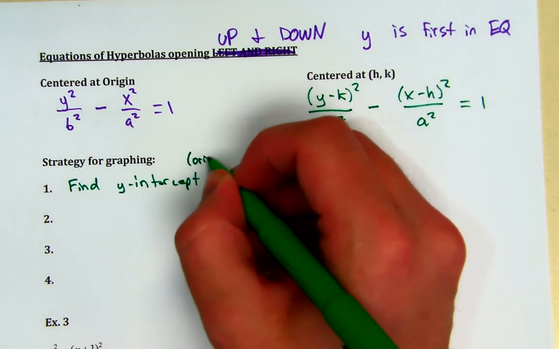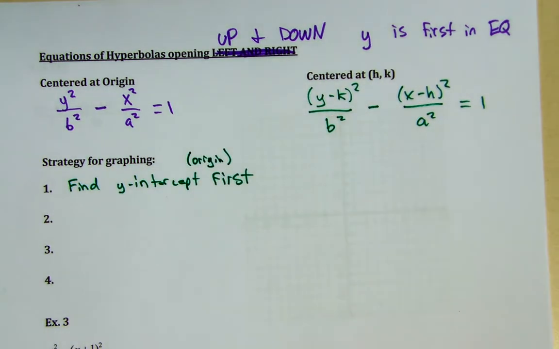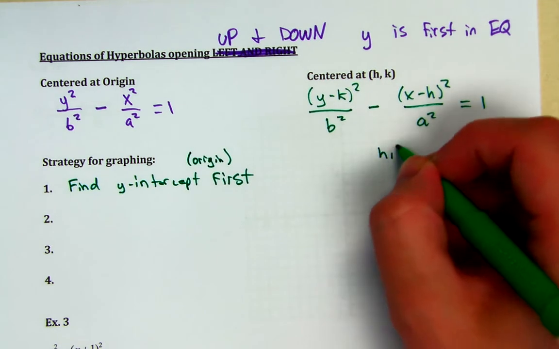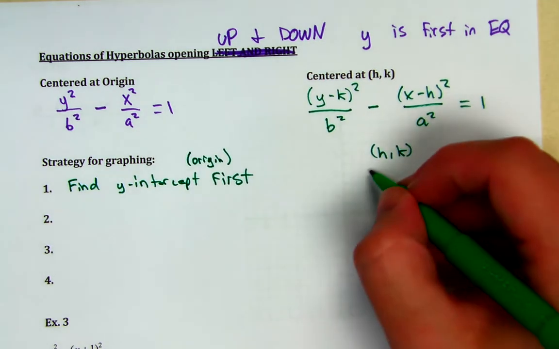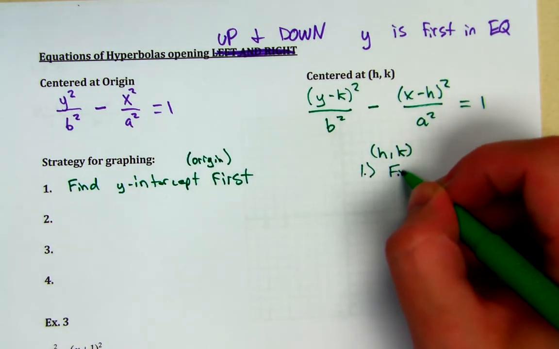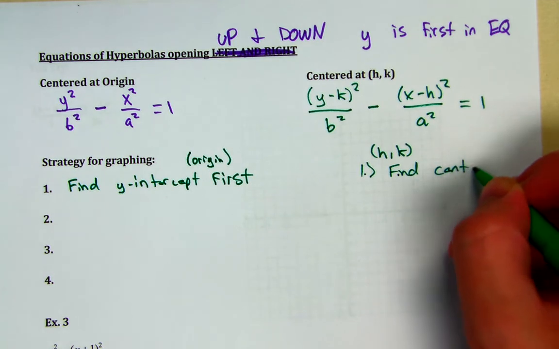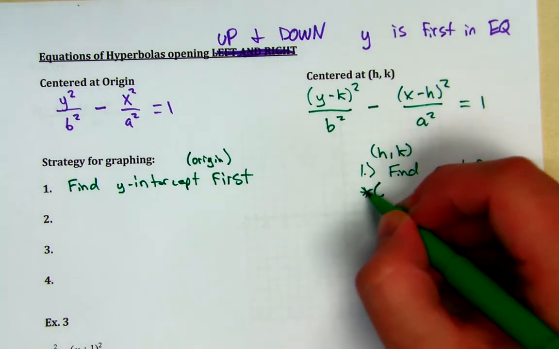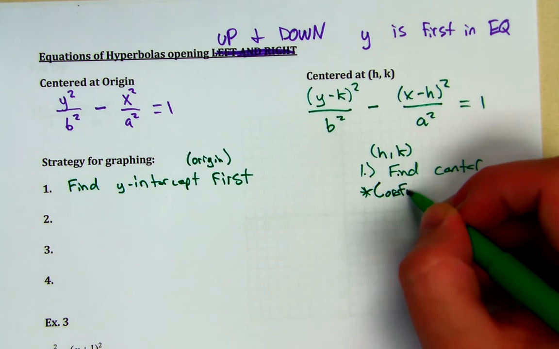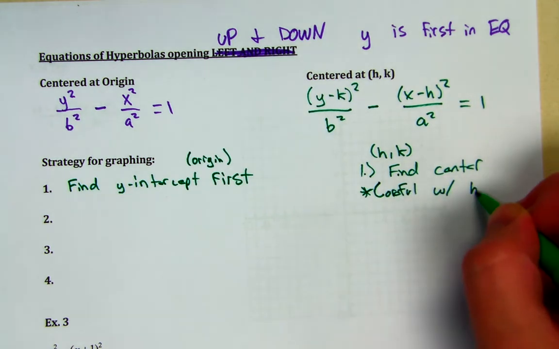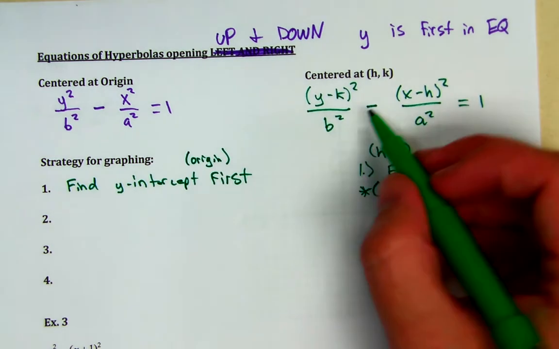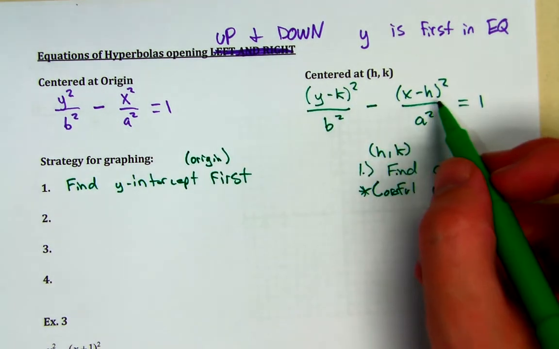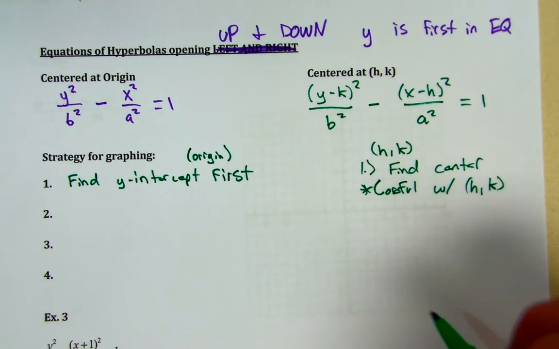At h, k, you find center first. And you need to be careful, remember, star, careful with h, k. What I mean by that is because k comes first, then h, so you got to be careful there.